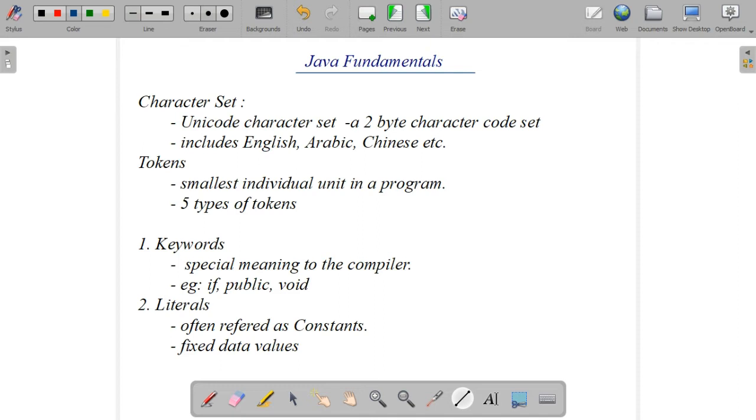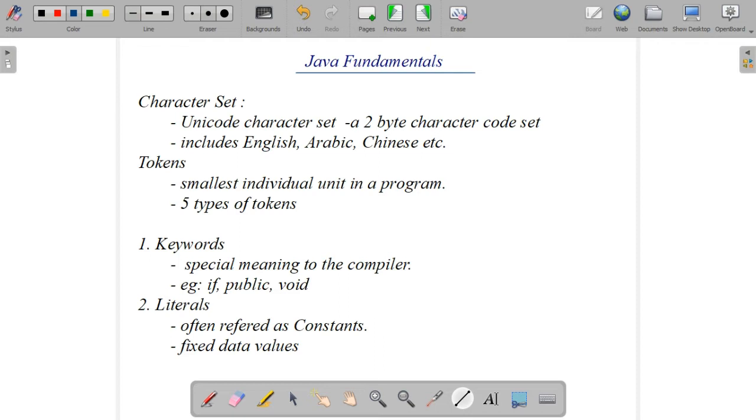That means individual words or punctuation are the smallest unit in that passage. Same in a program. The smallest individual unit in a program is known as a token.